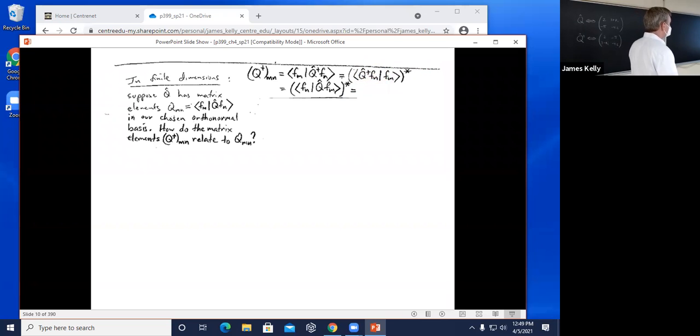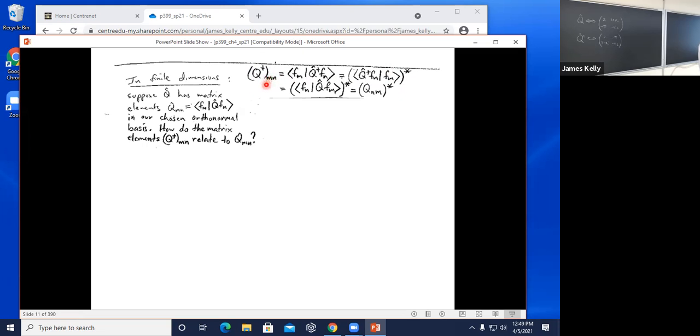It doesn't matter what the operator is, Hermitian or not. And by definition, the thing under the star here is the NM matrix element of Q. So I've related the NM matrix element of Q to the MN matrix element of Q dagger.